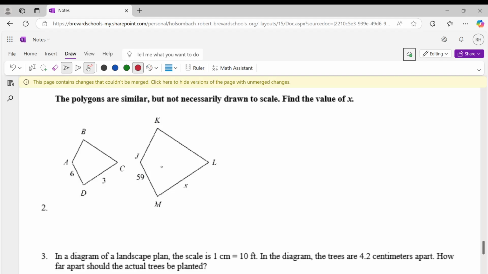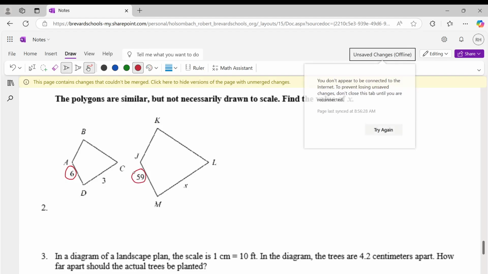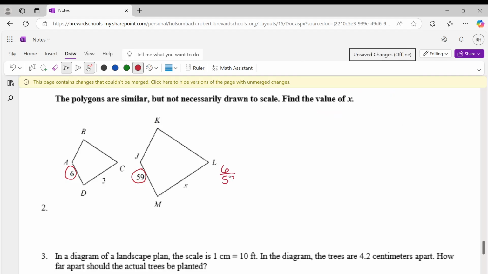So if these two shapes are similar, and they don't give us any other similarity statement, we can take the long side of the shape on the left and put it over the corresponding side on the right. So we can do 6 over 59, set equal to 3 over x.